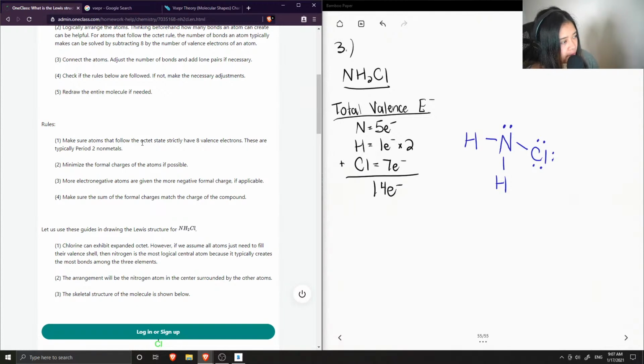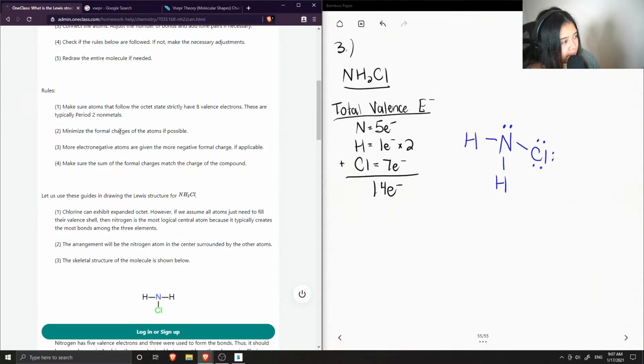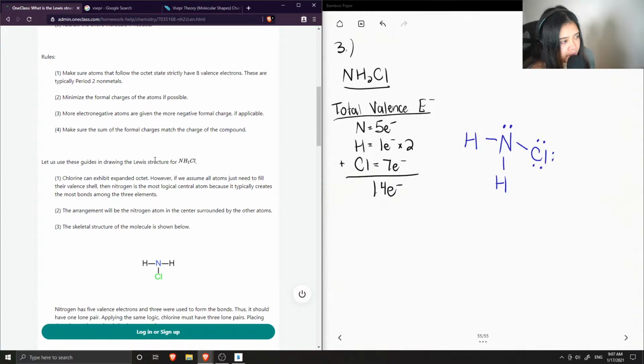Make sure atoms that follow the octet state strictly have 8 valence electrons. Minimize formal charges. More electronegative atoms are given the negative formal charge if applicable. And make sure the sum of the formal charges match the charge of the compound. So we don't have a charge in our compound, so that doesn't pertain to us.